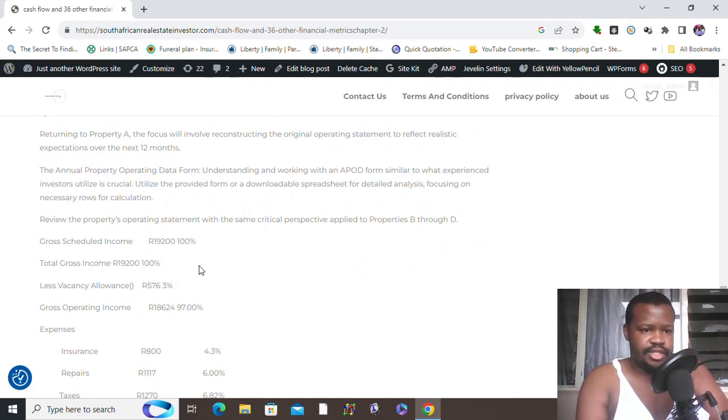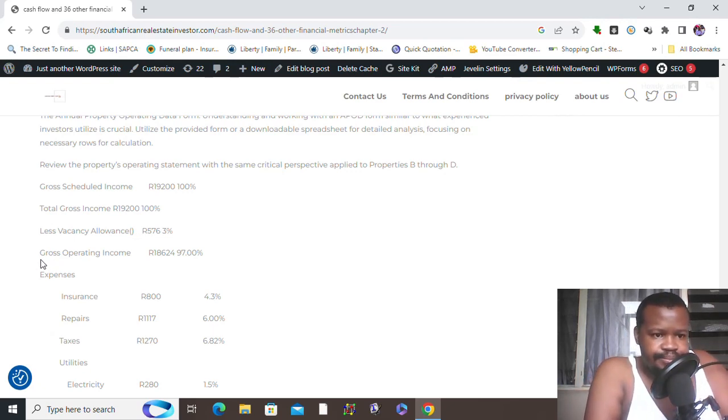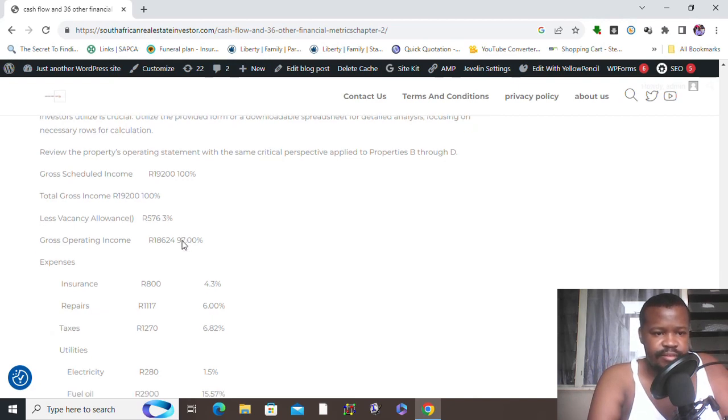Gross scheduled income is 19,200, less a vacancy allowance of 576, which amounts to 3%, equals gross operating income of 18,624, which is 97%.